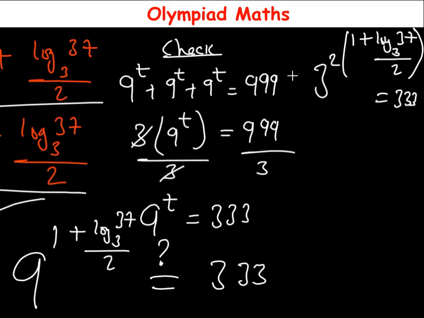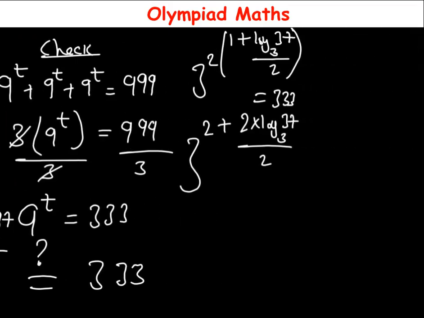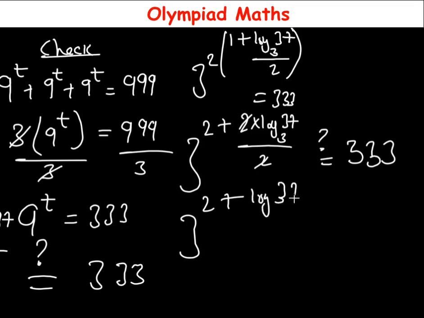From here, the power of 2 can multiply this such that we have 3 raised to power 2 times 1 is 2, then plus 2 times log 37 base 3 all over 2, with this equal to 333? Solving this further, 3 raised to power 2 plus, the 2 divides the 2, you have log 37 base 3, with this equal to 333?